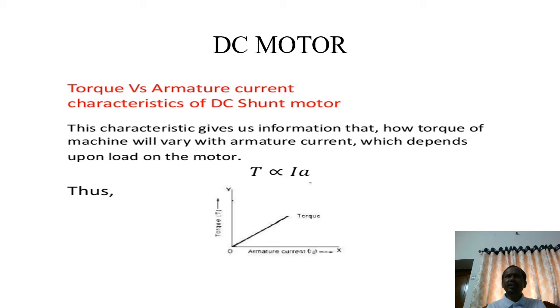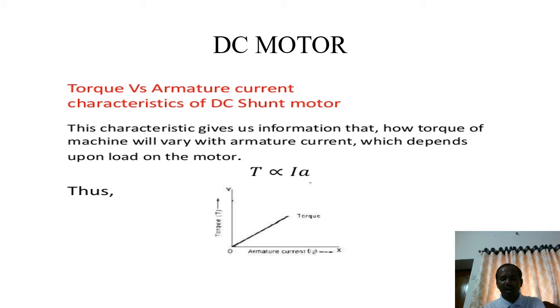When we are considering a DC shunt motor, φ is constant, shunt field is constant, voltage V is constant. Therefore, torque is directly proportional to armature current Ia. These characteristics give us information on how the torque of the machine will vary with the armature current, which would depend upon the load on the motor.